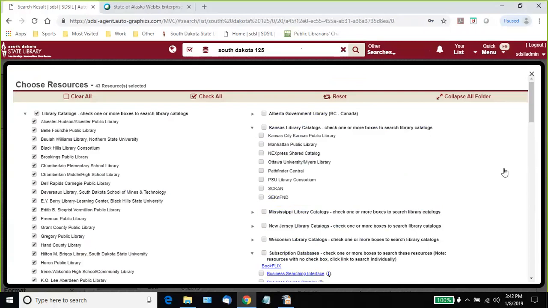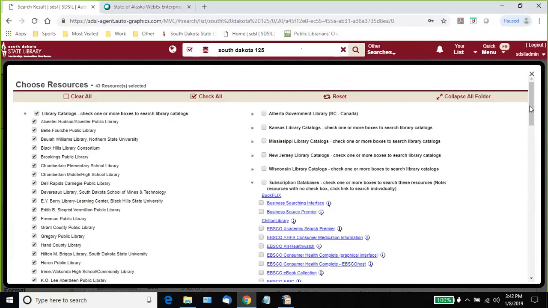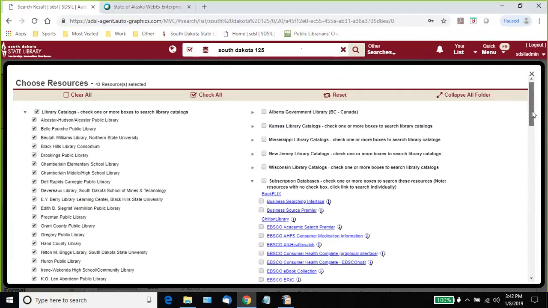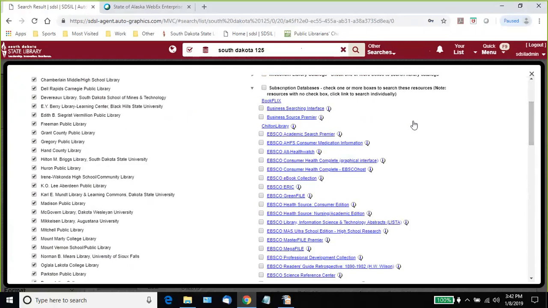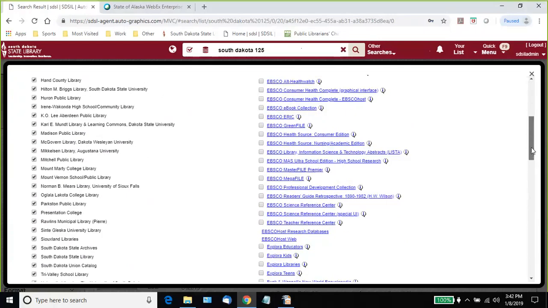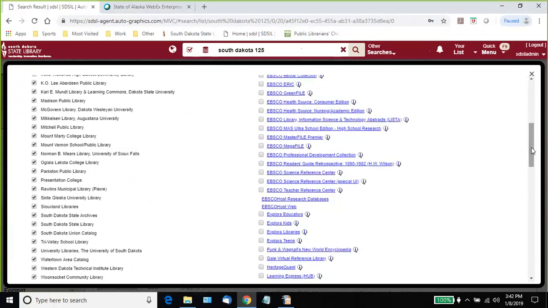And then in addition to the library catalogs, as I've said several times, we have all of our licensed electronic resources available in ShareIt as well. You can either search them in this interface, or you can search them individually by clicking on a link so that they open up in a little window just for that individual resource.